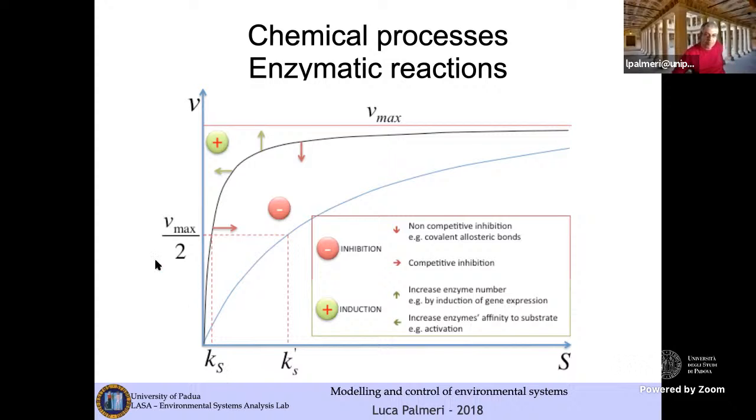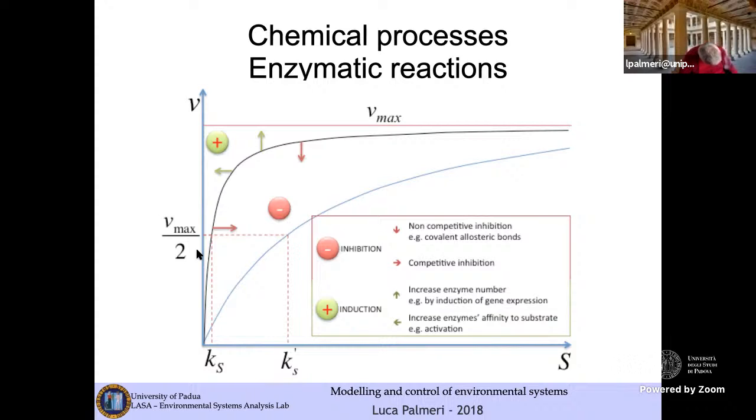So let's start from the black curve. When the concentration of the substrate is equal to Ks, the speed of reaction is 1/2 of the maximum value. If the concentration of the substrate increases, then the curve changes, so that, for example, when the concentration of substrate arrives at Ks first, the speed of reaction is exactly half of the maximum speed.